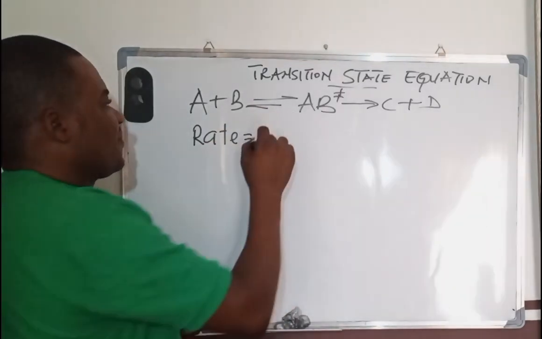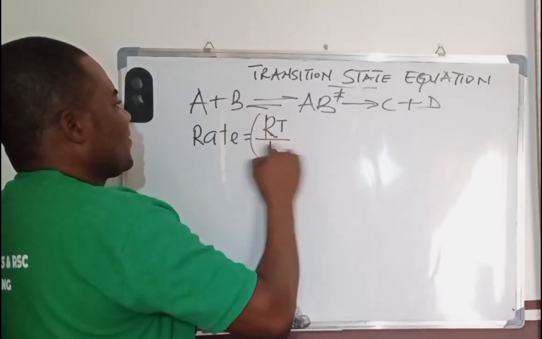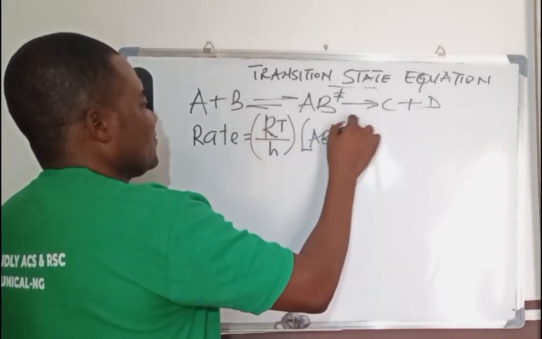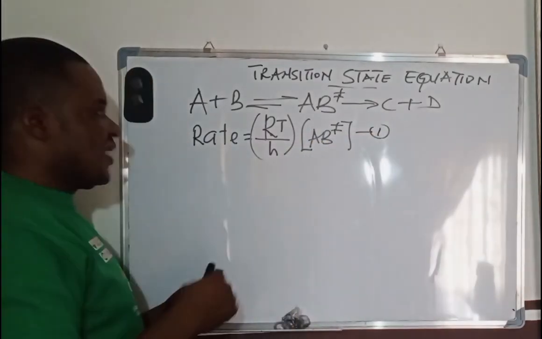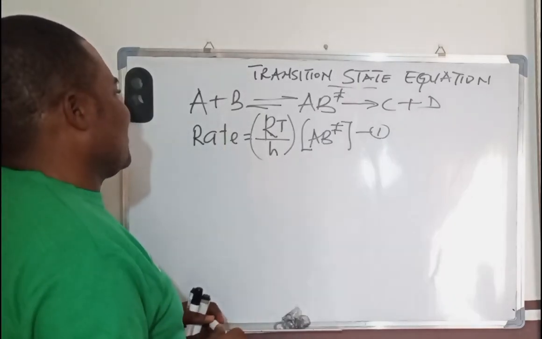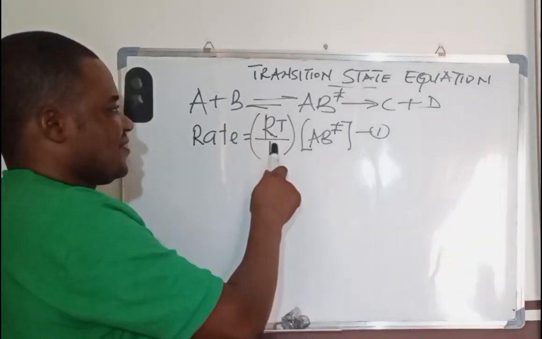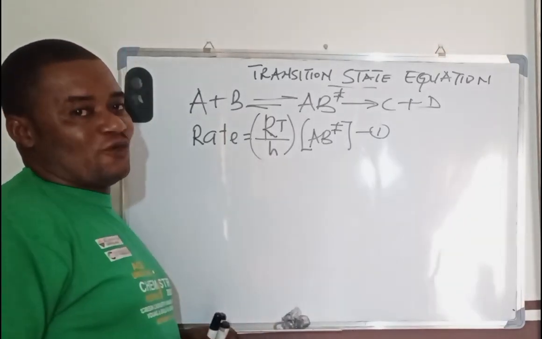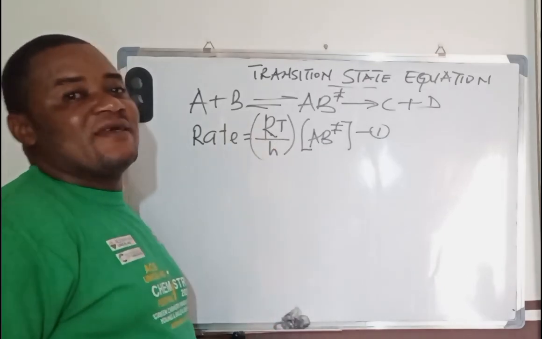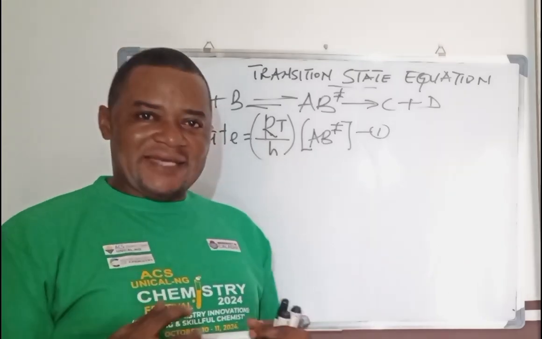But we will introduce something here which is written in this form, and then we bring in our transition state. Now, know that this is simply defined as the pre-exponential factor, and this pre-exponential factor explains the frequency with which molecules of a reactant collide.